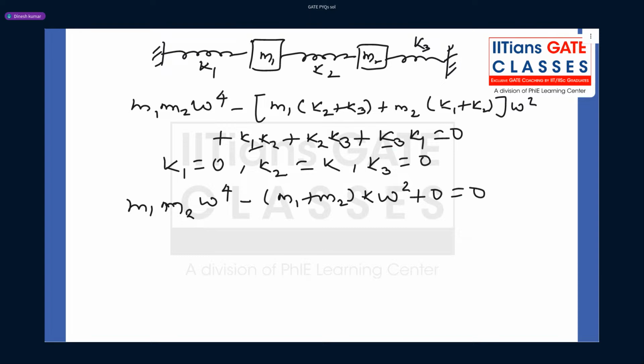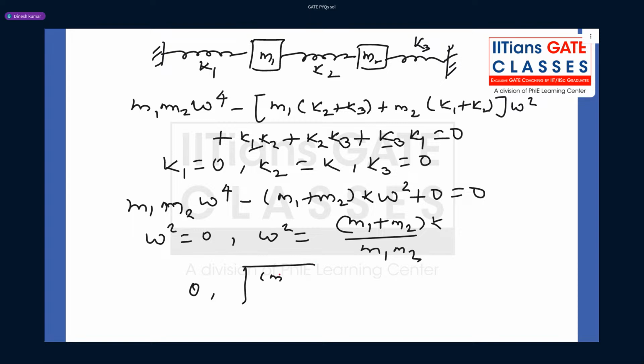Now we can easily solve this equation: one solution is omega square equal to 0, and another omega square equals m1 plus m2 into K by m1 m2. So the natural frequencies will be 0 comma under root of m1 plus m2 upon m1 m2 into K. Clear guys? So what is the answer?